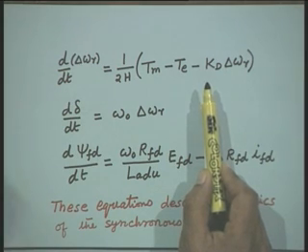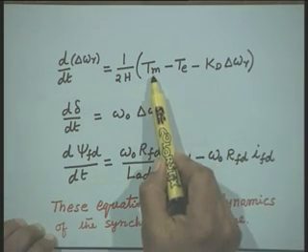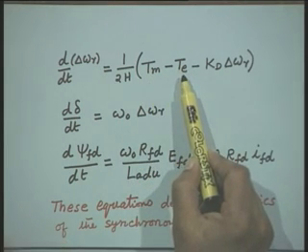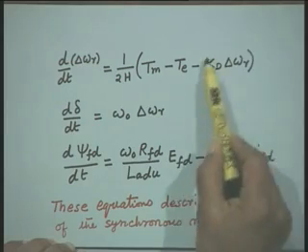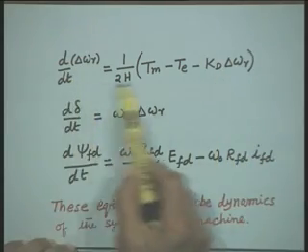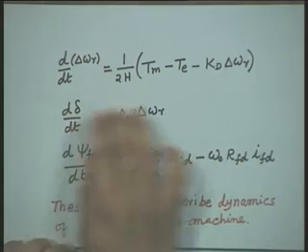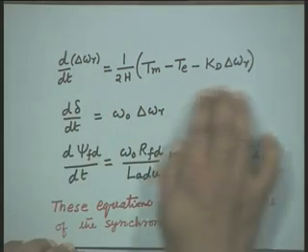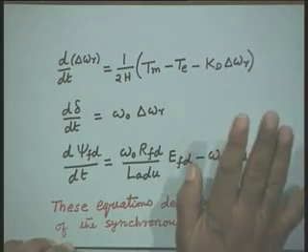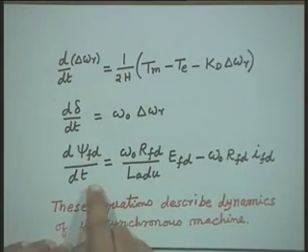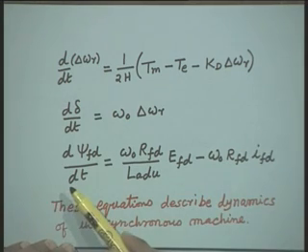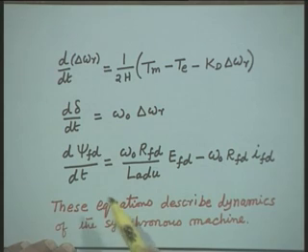In the previous case we have linearized it, where change in mechanical torque we have put as delta T m, change in electrical torque as delta T e, and this is our damping torque term, right. And therefore, this equation, which is a non-linear differential equation, the moment you linearize this, becomes a linear differential equation, right. Now, we have to linearize this equation, that is the field circuit equation. We have not done the linearization of the field circuit equation.